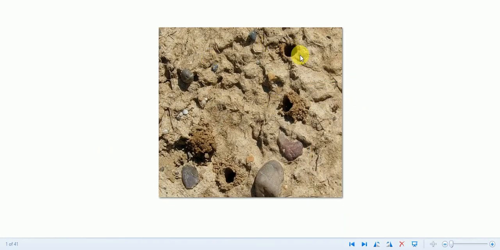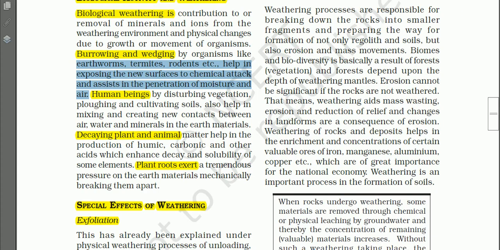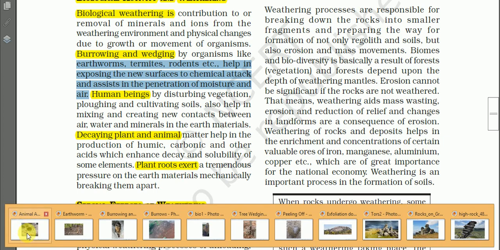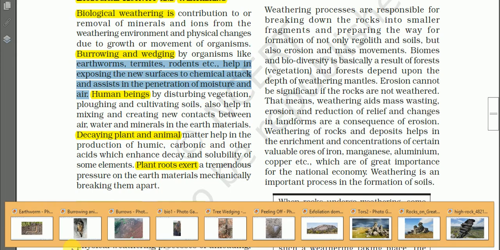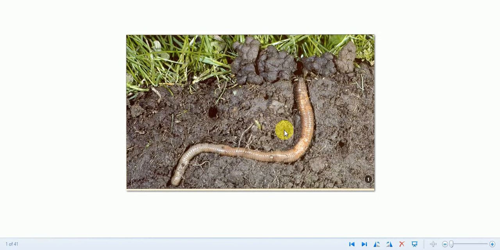See these small animals making holes in the surface rocks, thus exposing new surfaces. Likewise, see here, this is also the action of burrowing animals making holes in the rocks and thus helping the weathering process. And likewise, earthworms also.